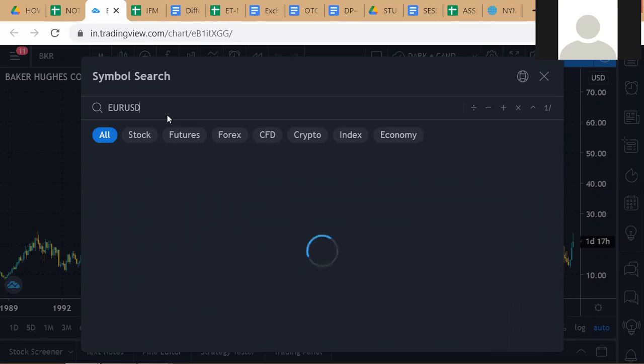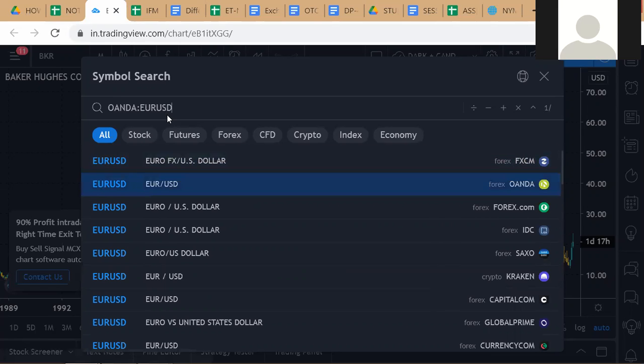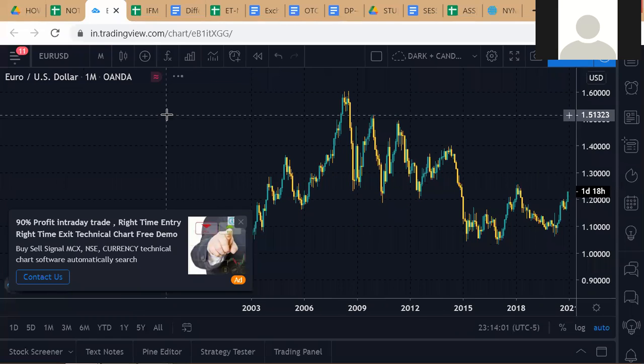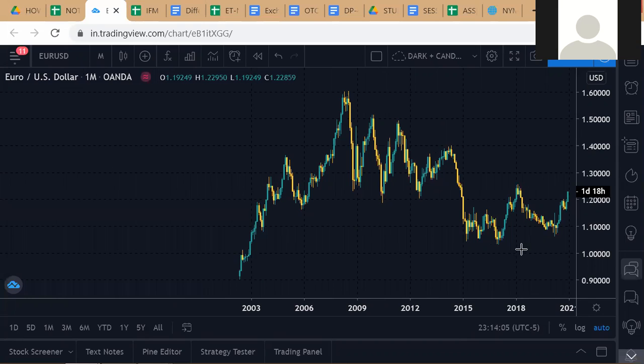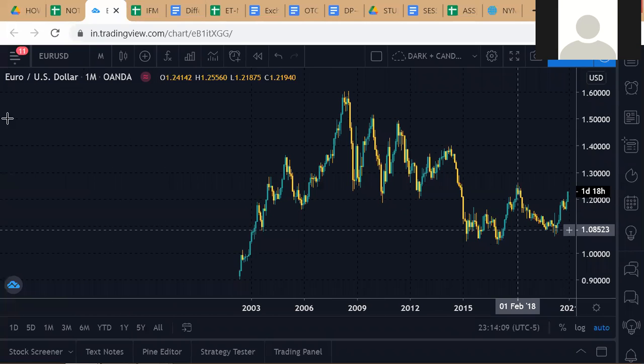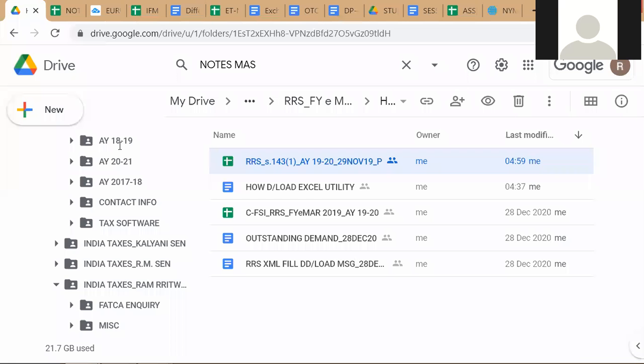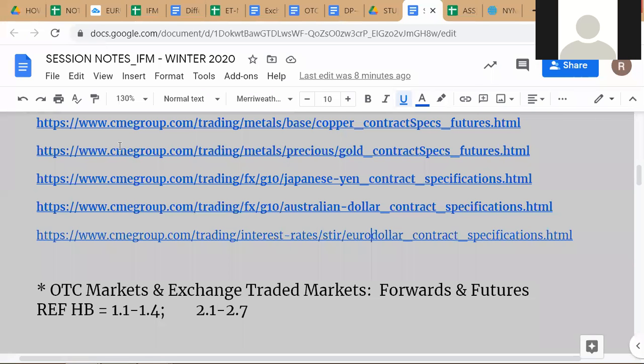So we are having some general discussions. I'm giving you a brief introduction to the markets involved in your project. Now, this is a foreign exchange market, the currency market, euro versus US dollar. Whenever you're referring to this, I've always asked you to say euro dollar FX.